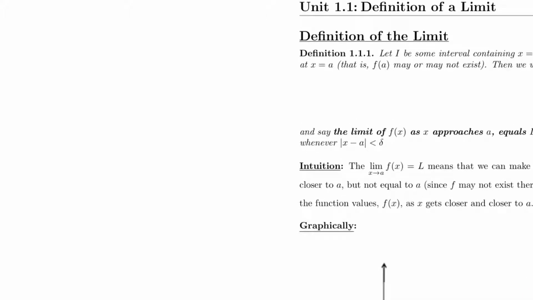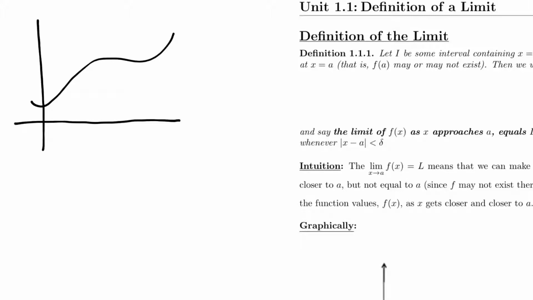If you have scrap paper, this would be a good time to bring out some scrap paper. All right, I'm going to draw a function. I don't know, it looks like this. It doesn't matter what it looks like. All right, and if I plot a point here, and this is the x value, over here is the value f of x, right?